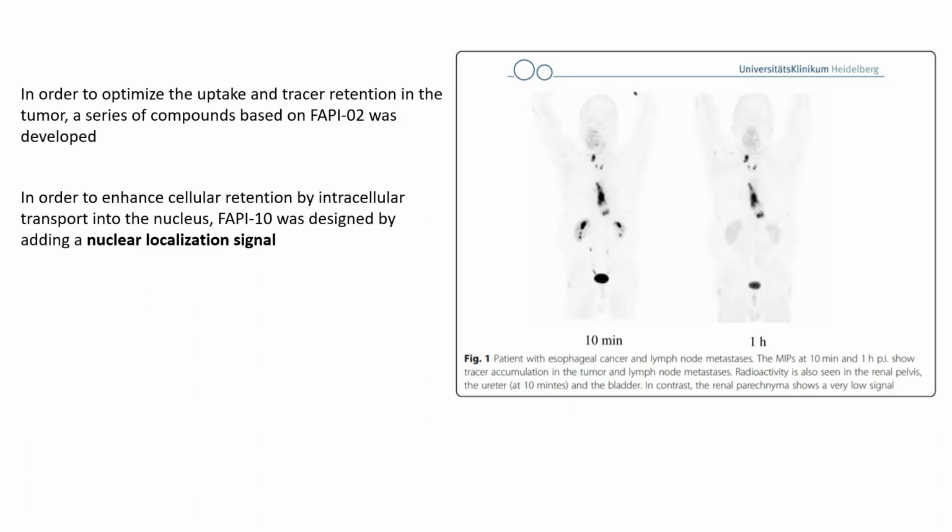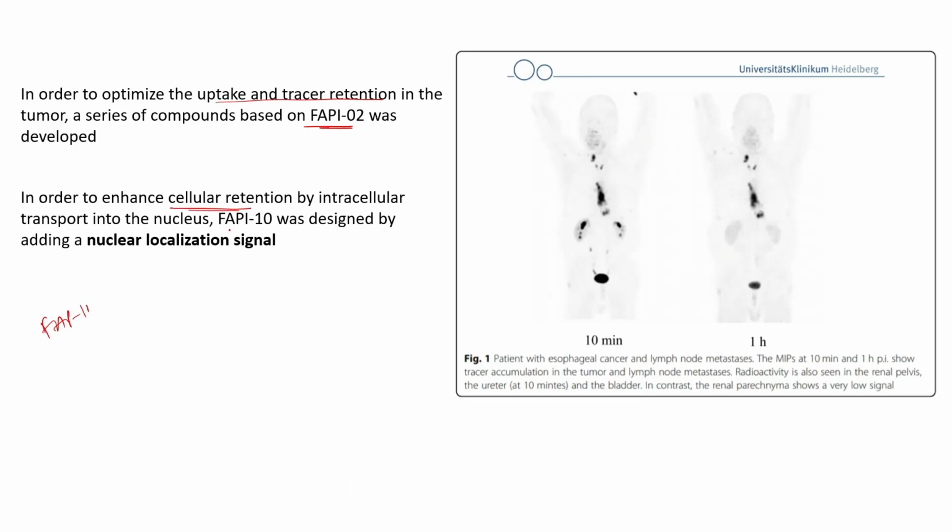Because of this, keeping FAPI2 as the main structure in mind, multiple other compounds were developed. In order to optimize the uptake and tracer retention in the tumor, a series of compounds based on FAPI2 was developed, and FAPI10 was also developed to enhance cellular retention.